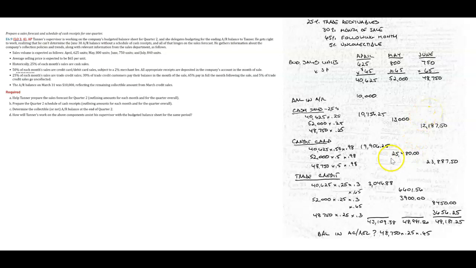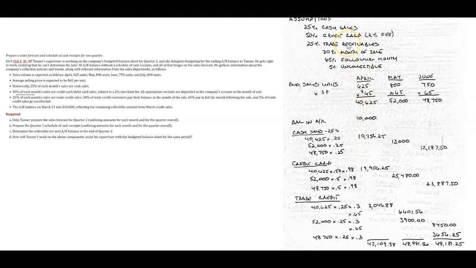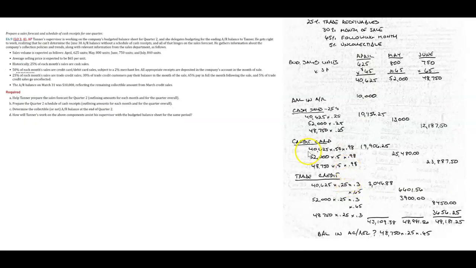So let's look at the credit card sales now. 50% are credit card sales, and there's a 2% fee. So 46,250 times 50% times 98%, because we're taking the 2% fee right off, gives us 22,662.50.